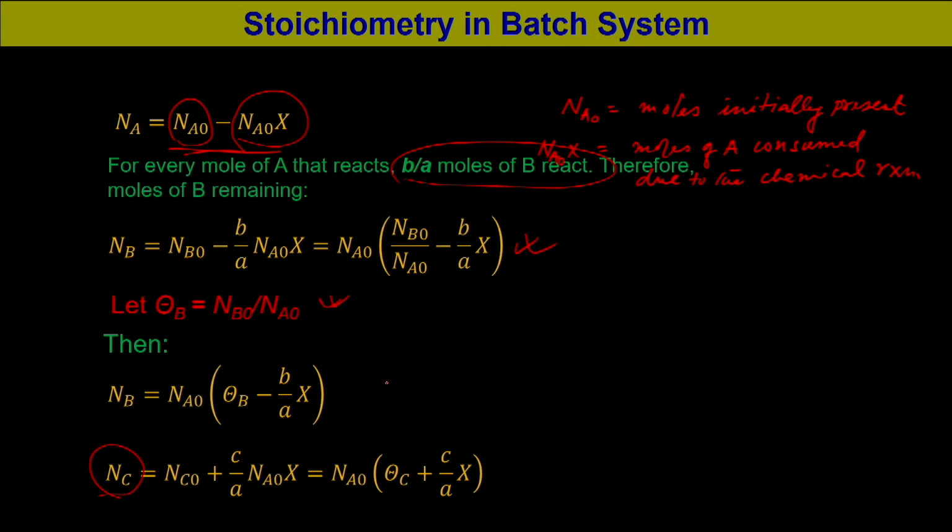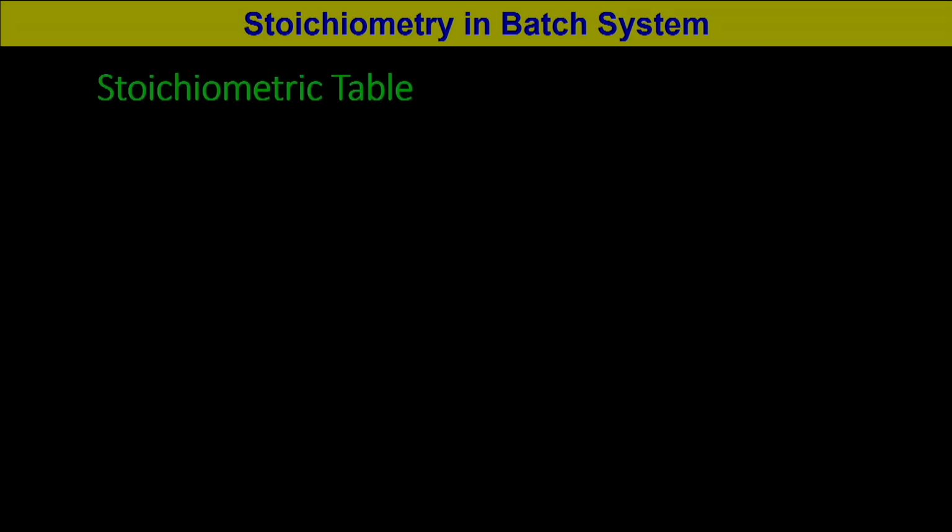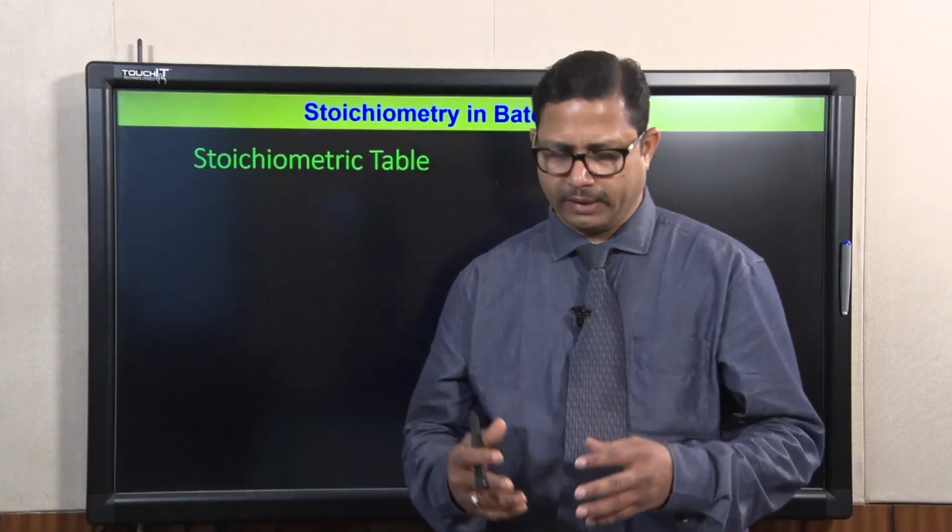In a similar way, if we define theta c as Nc naught by Na naught, it would be Na naught into theta c plus C by A into X. Similarly, we can write for the product D.